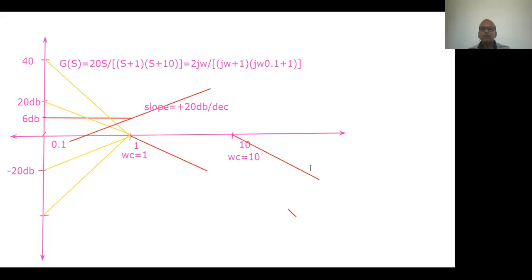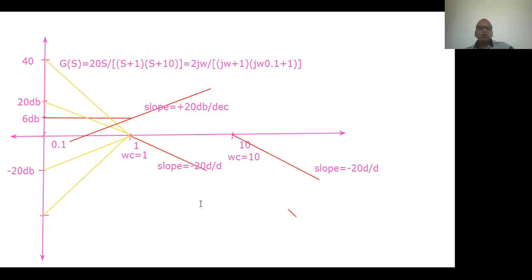If you see the slope equals minus 20 dB per decade. Here is a slope equals minus 20 dB per decade. Okay.